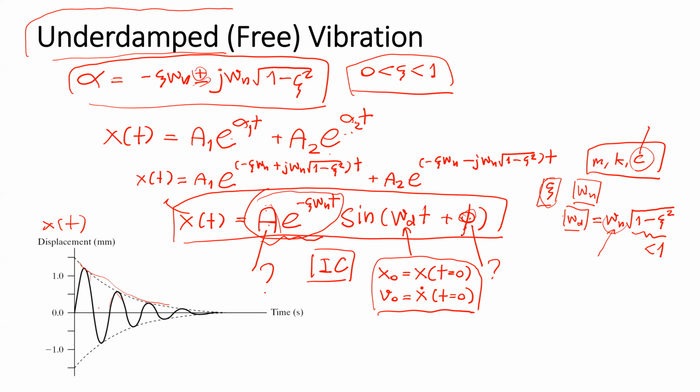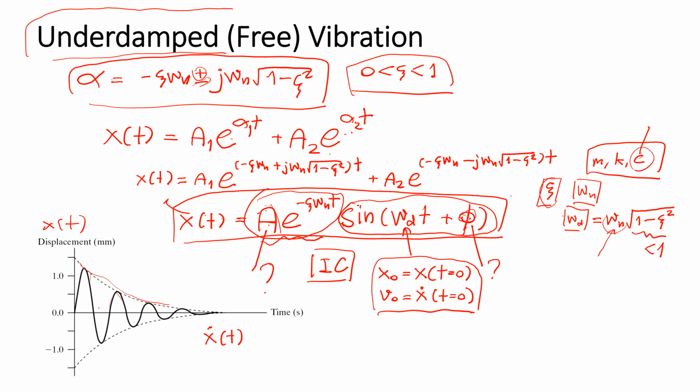From this, can we find the first derivative of this solution? If x equals this, we find the first derivative, x dot of t. The x of t is a product of two parts.